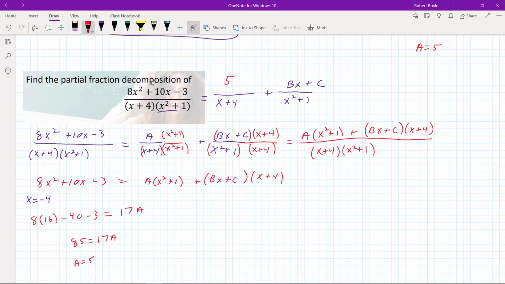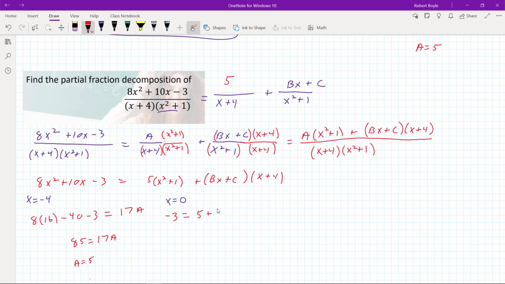So we know that a is equal to 5. And we can also make that change here. A is 5, so this is now 5. Okay, so what else can we do? Well, what about what we did before? Let's let x be equal to 0. If we do, we are going to have on the left-hand side 0 plus 0 minus 3, negative 3, which is going to be equal to 5 times 0 squared plus 1, so that's basically 5.